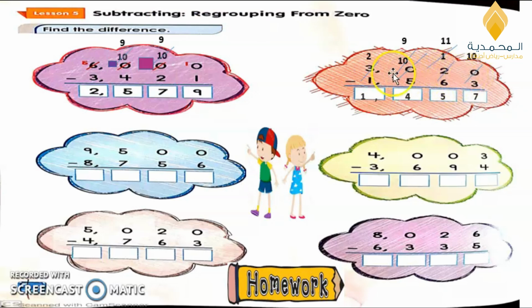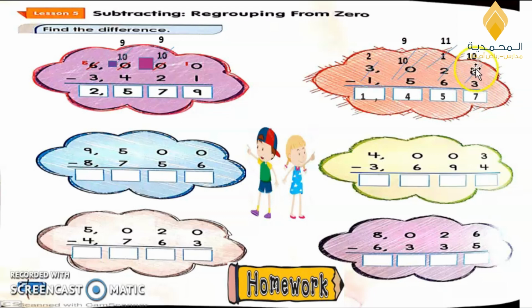3,020. Again, I will read it again. 3,020 minus 1,563. Again, line up the digits. Start subtracting from the ones place. Can we take away 3 from 0?